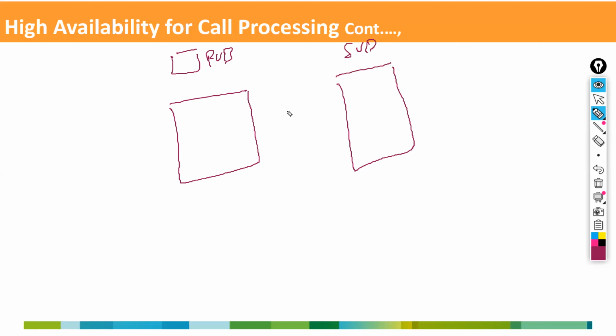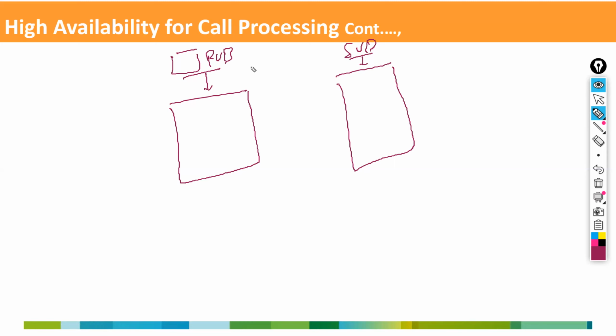I'm talking about the hardware. You are not going to install both publisher and subscriber on the same hardware. Remember this, it's a standard process that every organization follows. Publisher is installed on one hardware, subscribers on separate hardware.